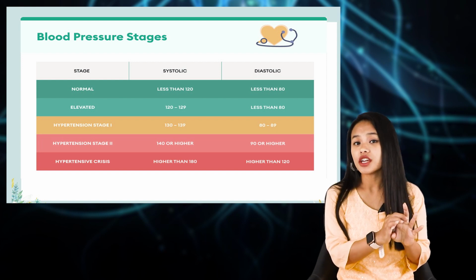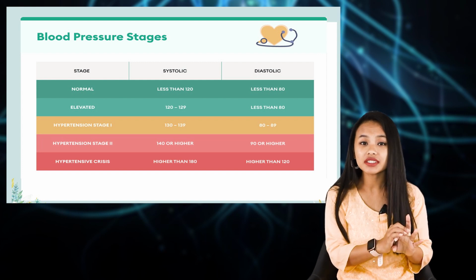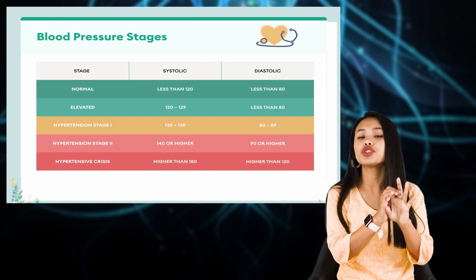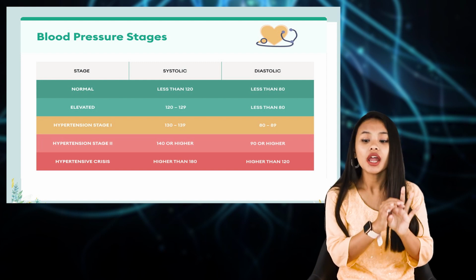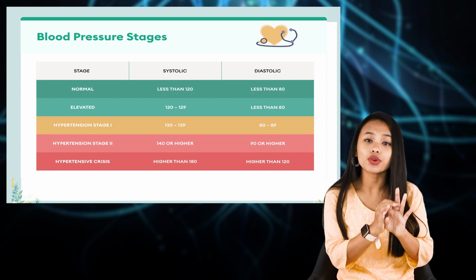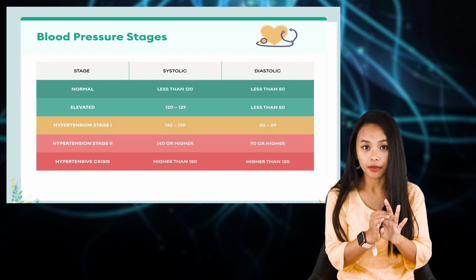And then the third stage is hypertension stage 1. Here, if the systolic pressure is between 130 to 139 and the diastolic pressure is between 80 to 89, then it can be termed as hypertension stage 1.